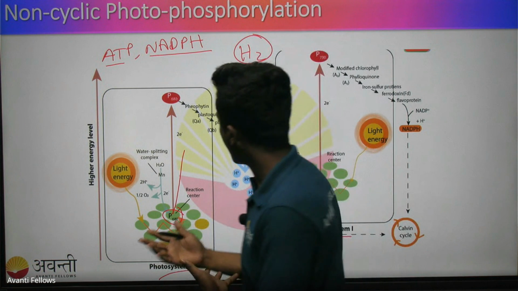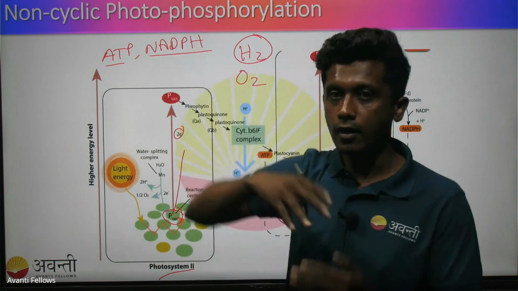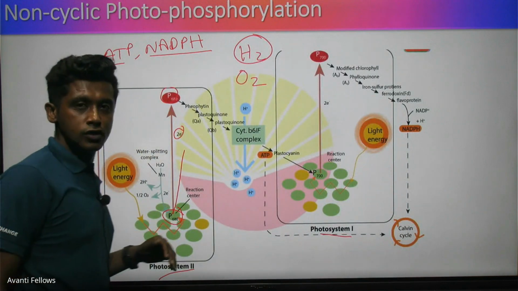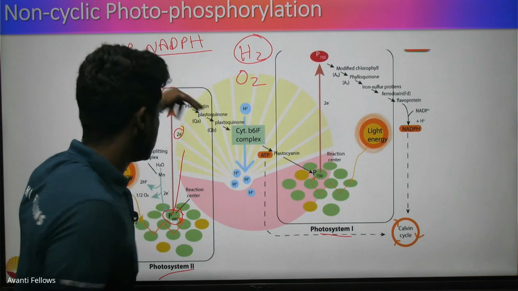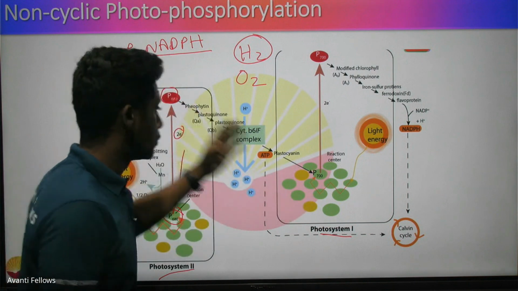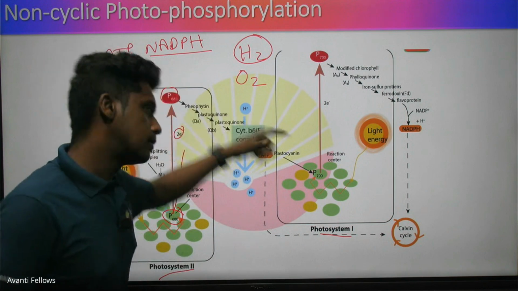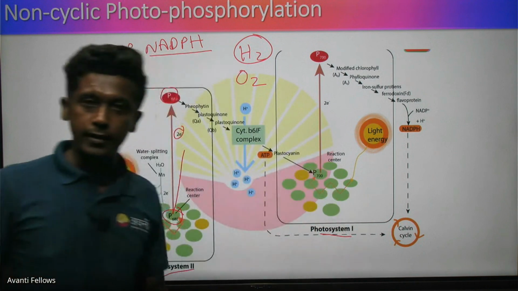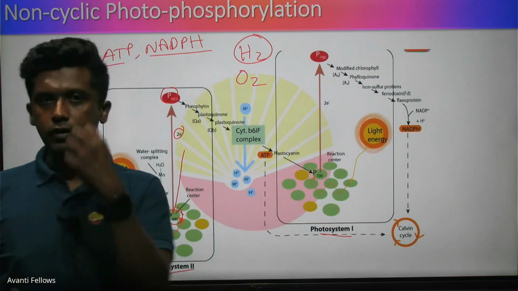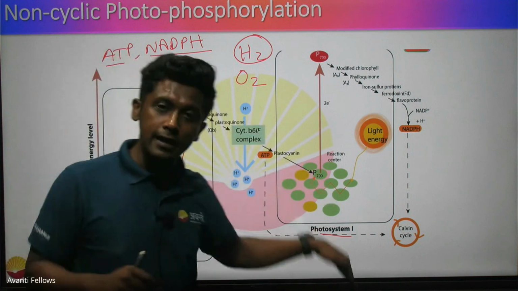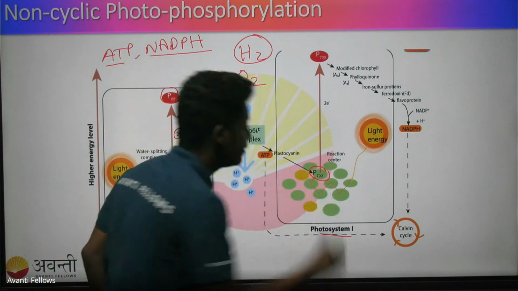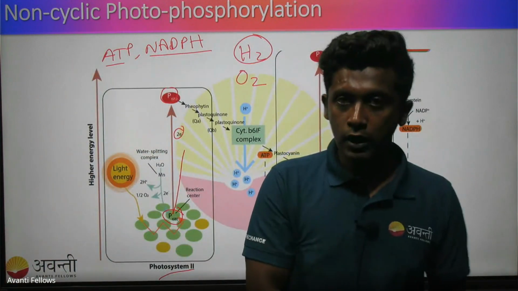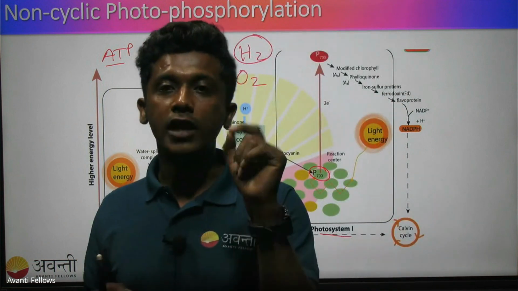These electrons are not used; instead, they are transported through a series of electron transport complexes. These electron acceptors transport them from P680 to P700. This happens downhill the redox potential. It ultimately reaches P700, where we have a different type of chlorophyll that reacts to the P700 wavelength of light.